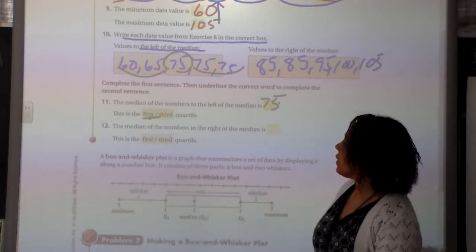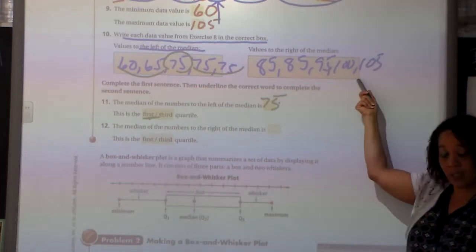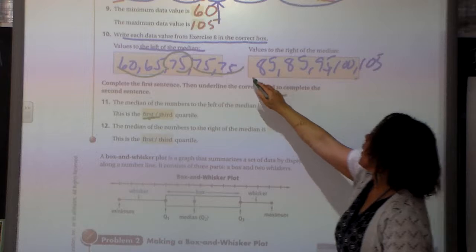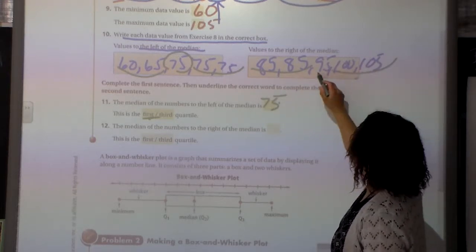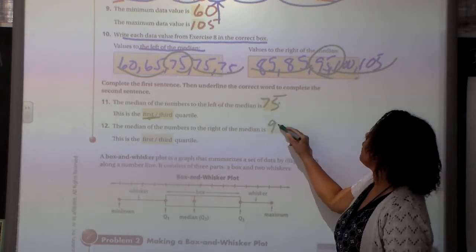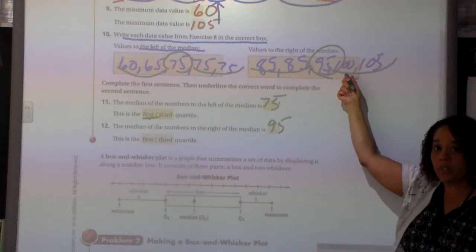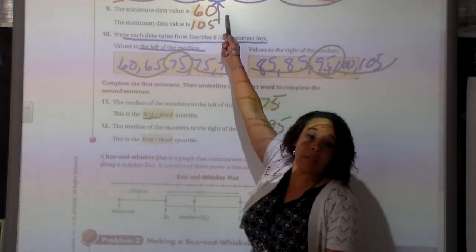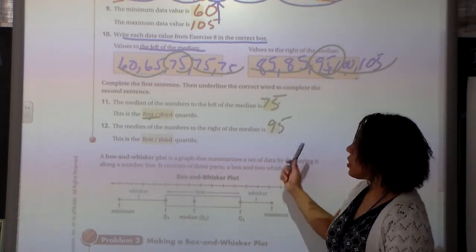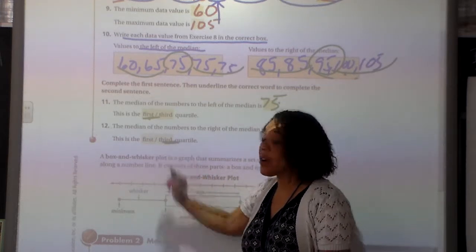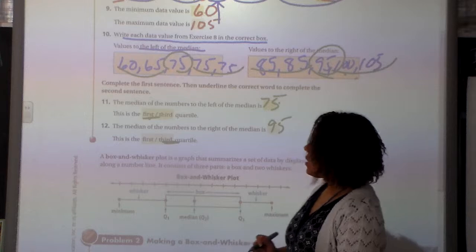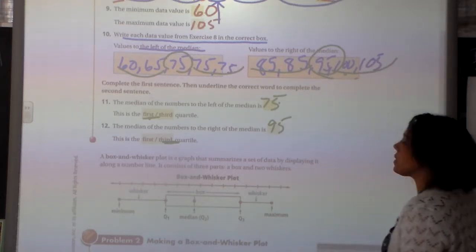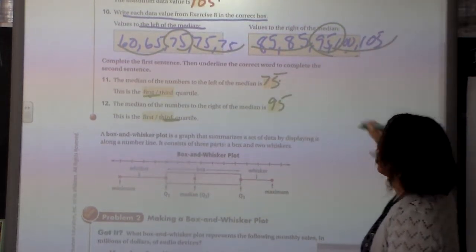Now, the median of the numbers to the right. I come in, and look at that, 95 is the median of the set of numbers to the right of our original median of 85. So this is the third quartile. So here is how we put this information all together.